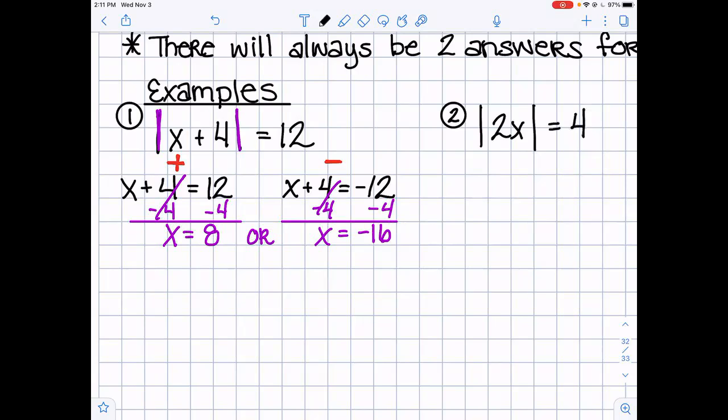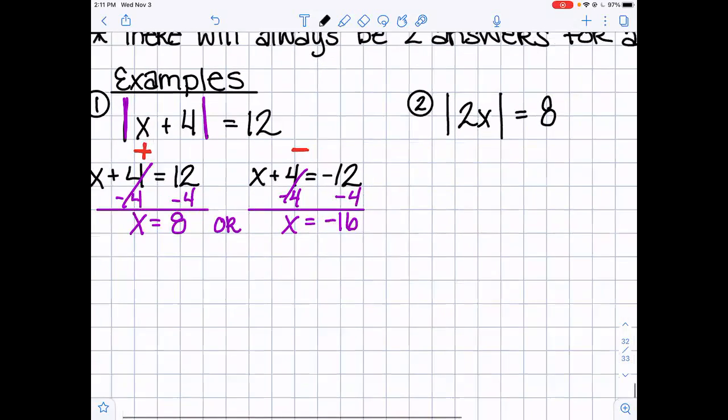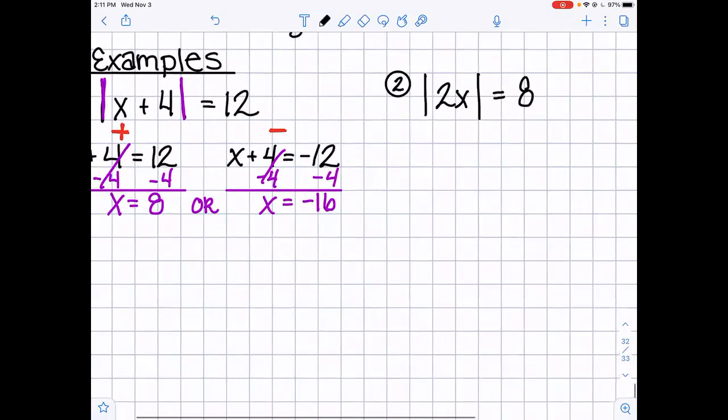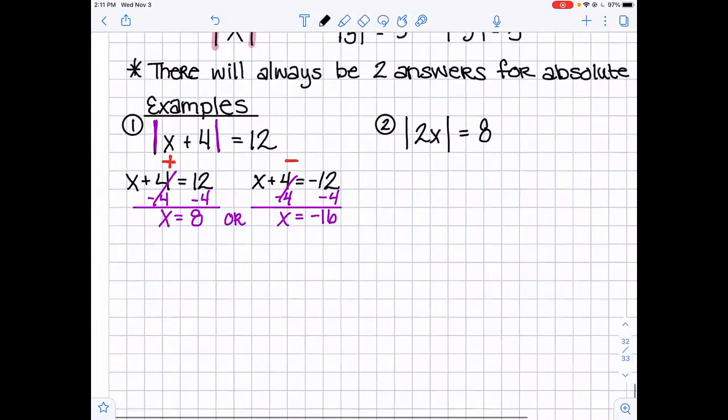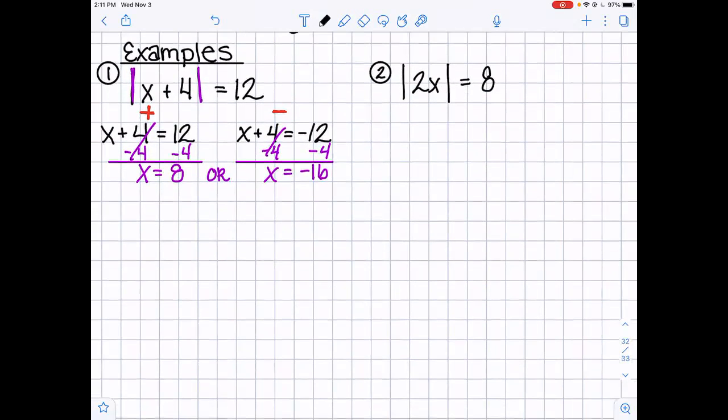Okay, new problem. How am I going to set this up? 2x equals 8 and then 2x equals negative 8. Good. All you do is make it negative on the second problem.